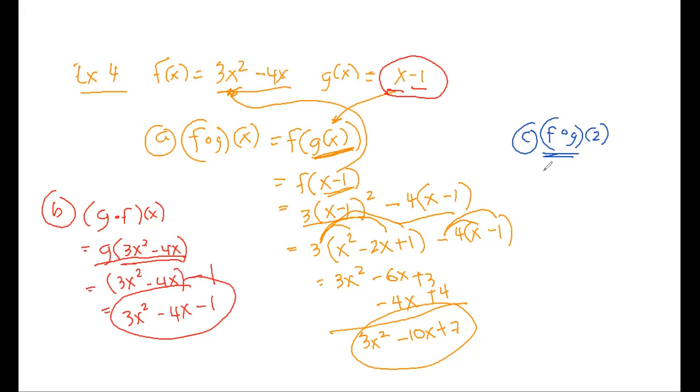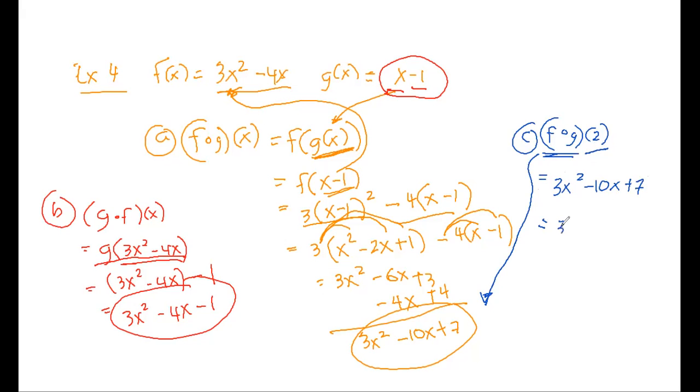Then, remember, we had the previous answer in f composed of g, that is 3x squared minus 10x plus 7. But since we are looking for its value for 2, we do evaluation. So we substitute 2 to the equation.